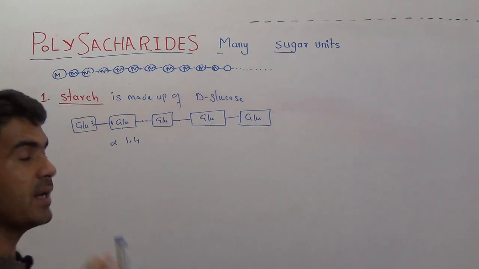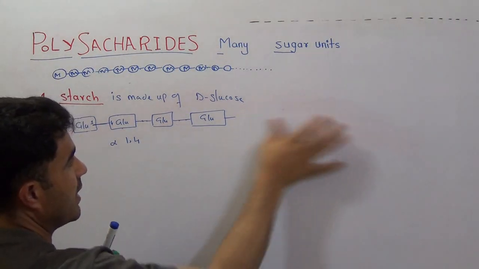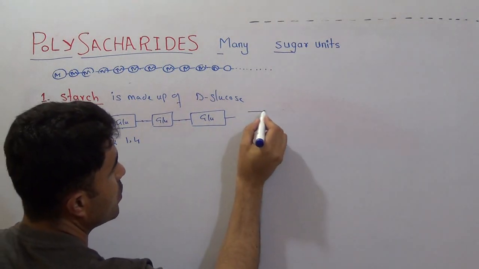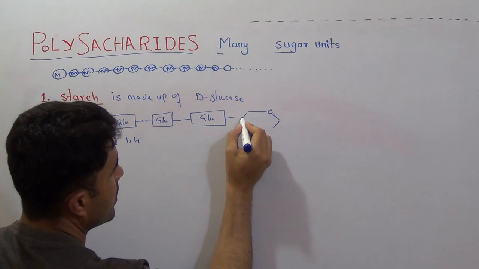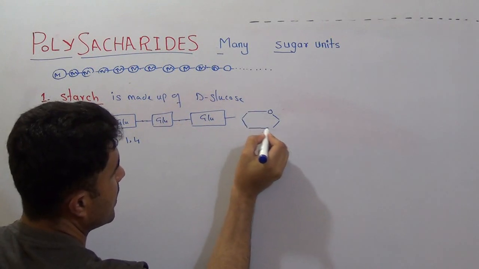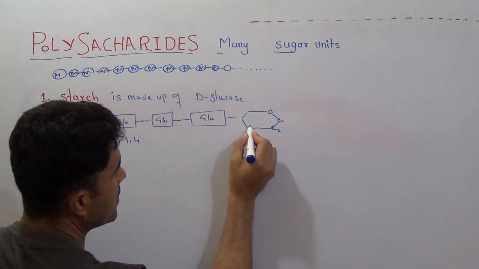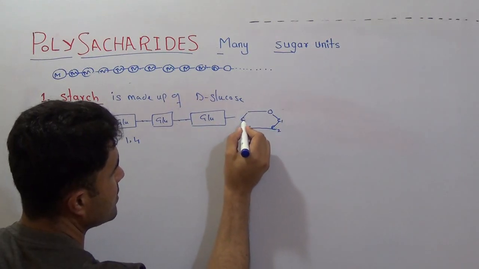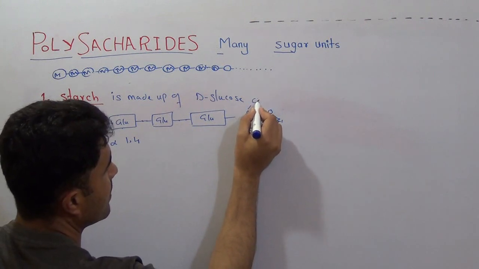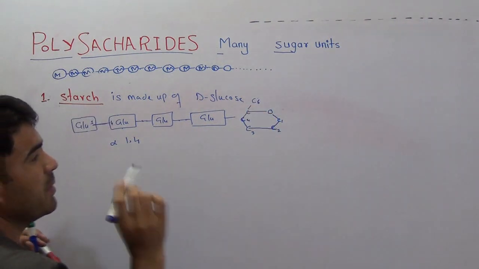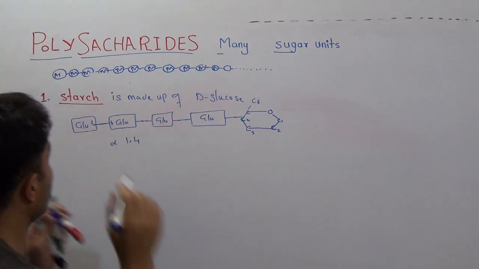And one thing more. If this is one glucose unit, we can write that this is carbon number 1, carbon number 2, carbon number 3, carbon number 4, carbon number 5, and this one is carbon number 6. Remember that there is branching as well in starch.